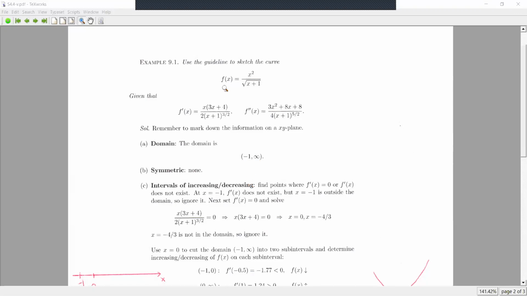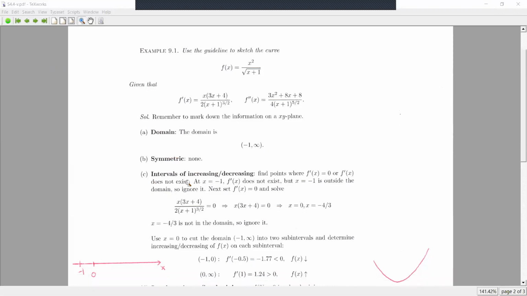Because the domain of this function is not symmetric about 0, the function must be not an even function, not an odd function. So with no symmetry, there is nothing we can exploit about this function.